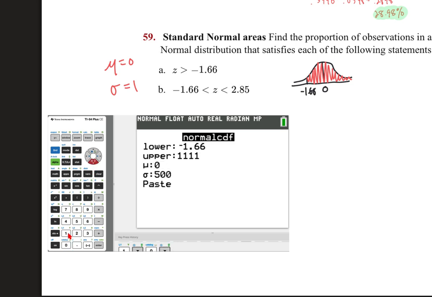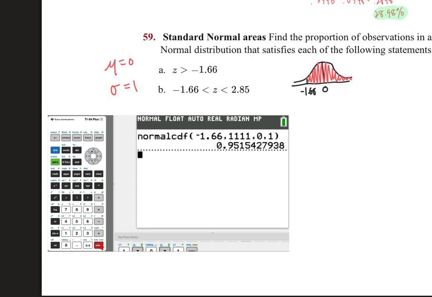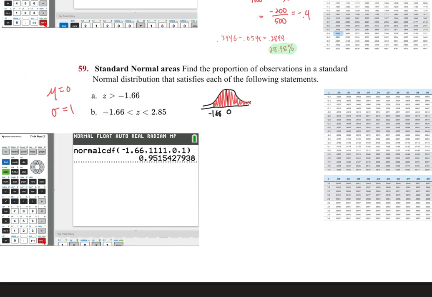And then 0 and 1 for our mean and standard deviation. Paste. Okay, that was a little bit bigger than I thought. Okay, so this first one is 95.15%.